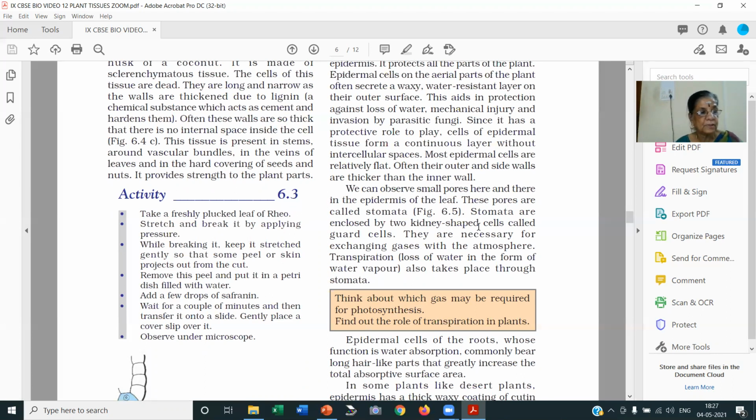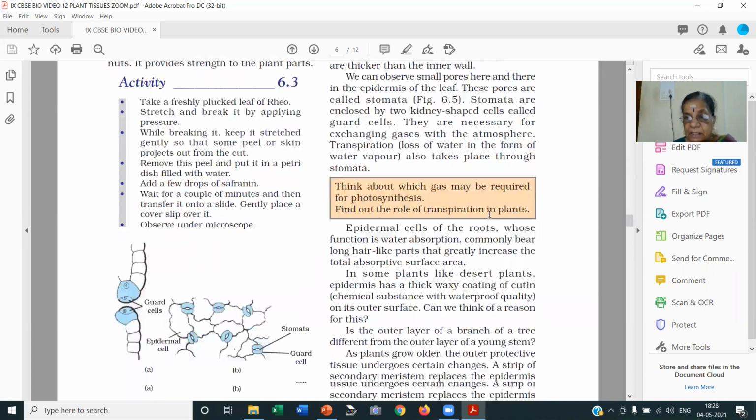I hope you understand. So on the side, the first one is the structure and function of epidermis, in a paragraph. Second one, the structure of stomata. Mark it. Note the points on the side, then you can learn.